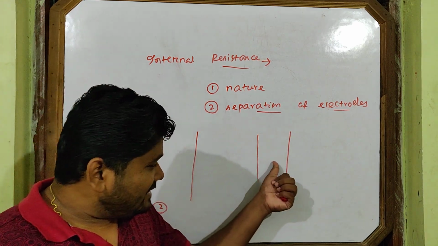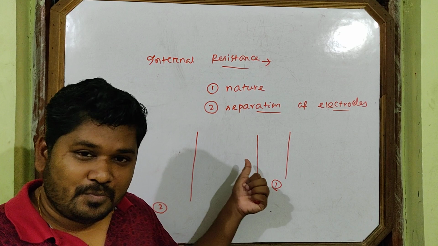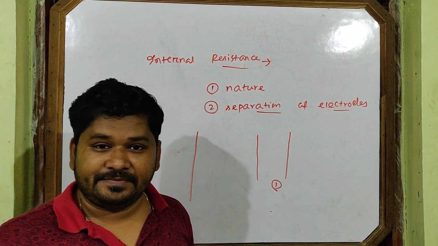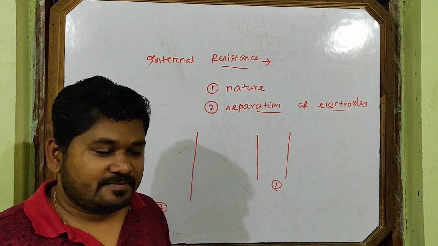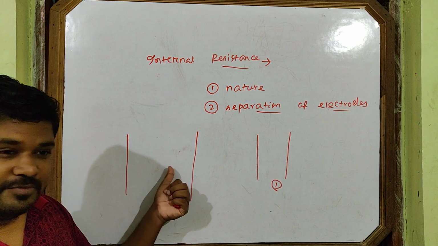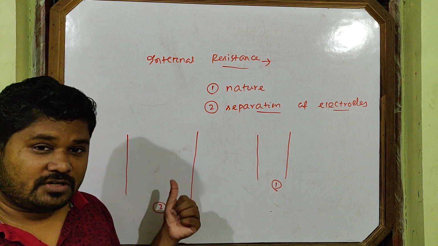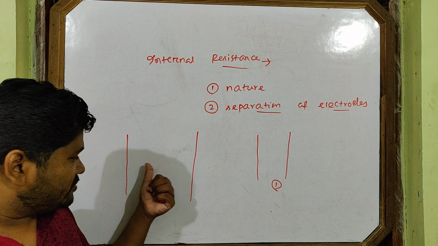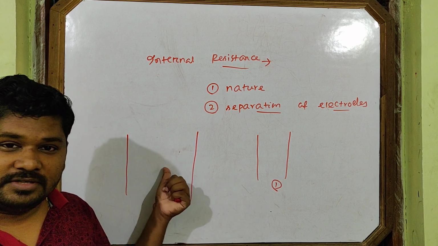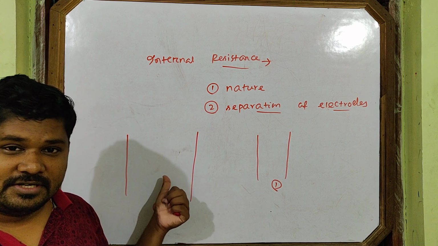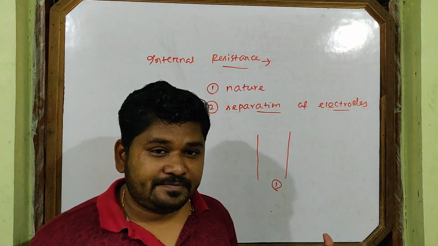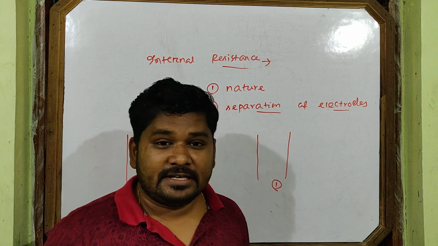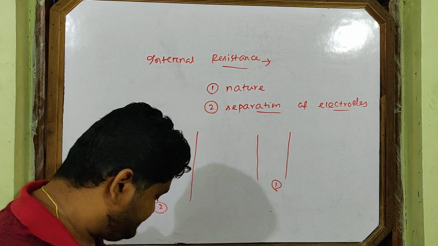Ions can easily move from one electrode to another because the path is short. But when cations and anions move from one electrode to another over a long path, so many collisions happen. So when the separation is more, internal resistance is more. When separation is less, internal resistance is less.